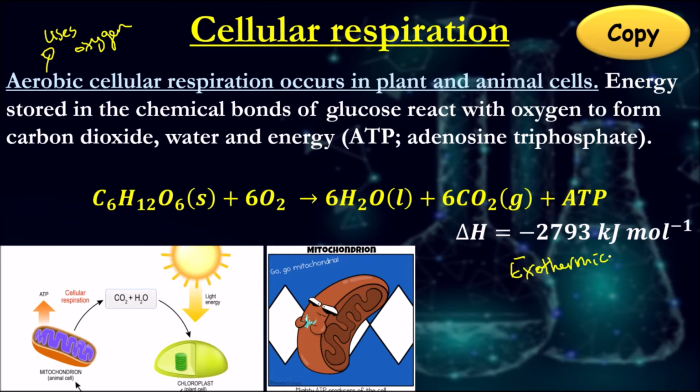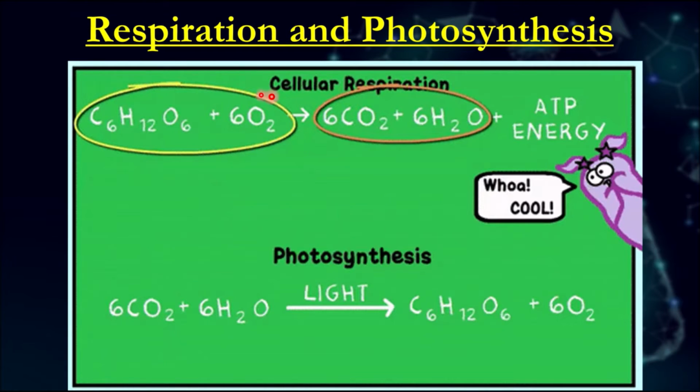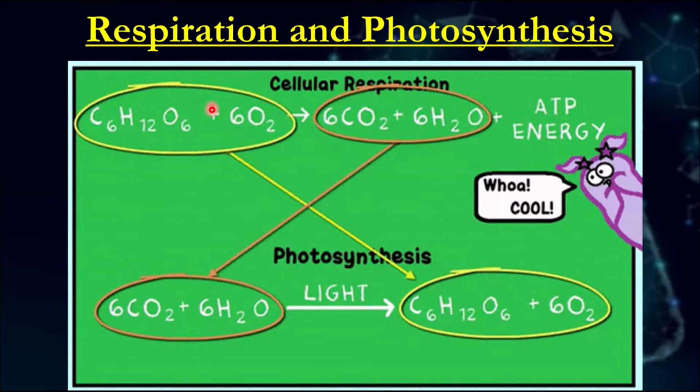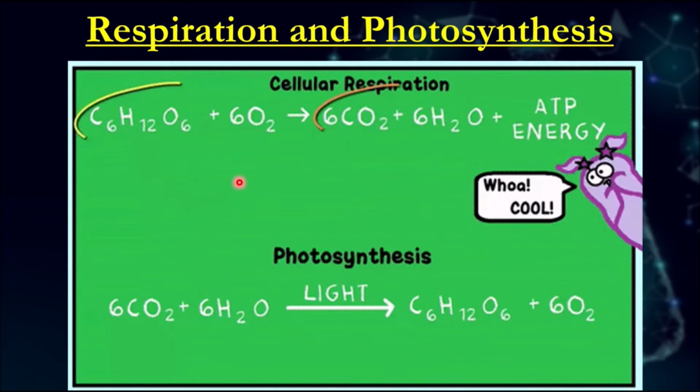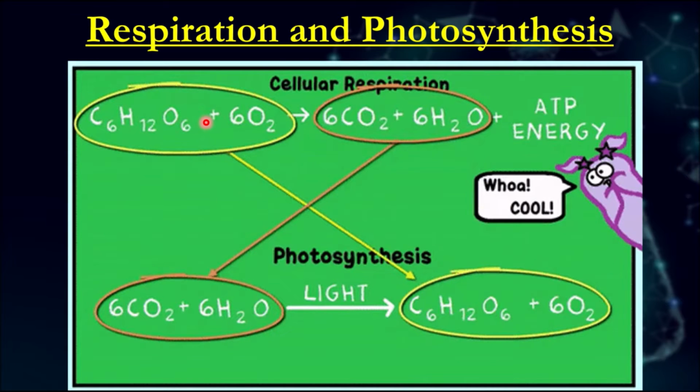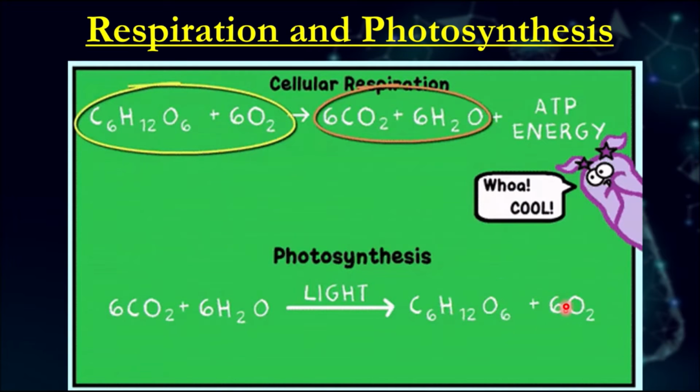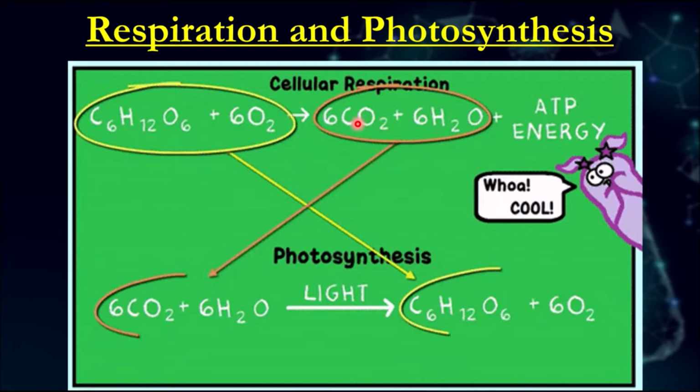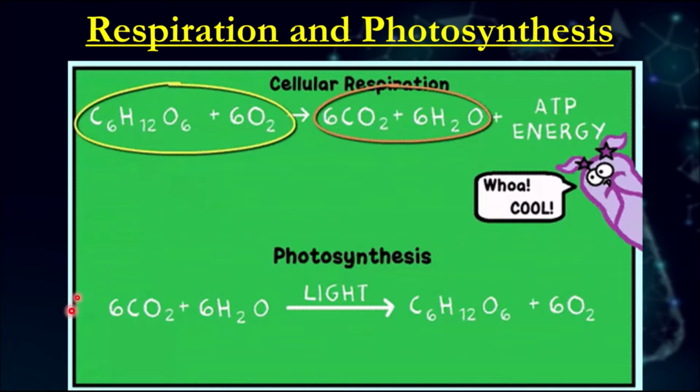And this is basically the reaction that governs your ability to release carbon dioxide after breathing in oxygen. If you compare the two equations, cellular respiration and photosynthesis, you can see that the products and reactants are essentially flipped on both sides. The oxygen our cells take in comes from the production of oxygen from photosynthesis, and through us breathing out carbon dioxide, we actually feed fuel for plants to grow.